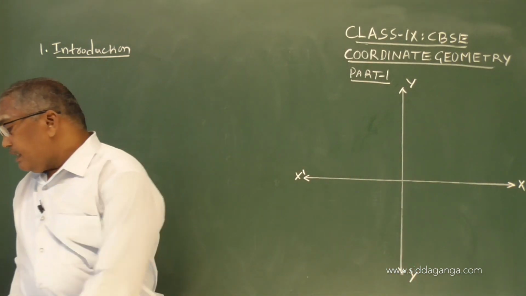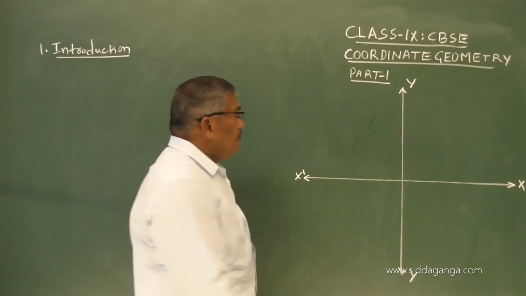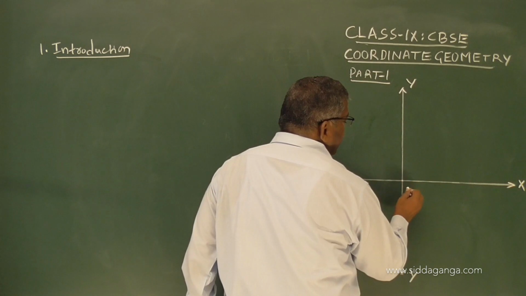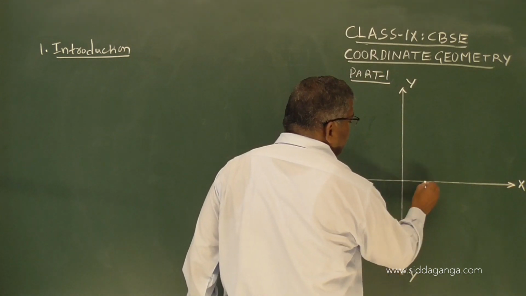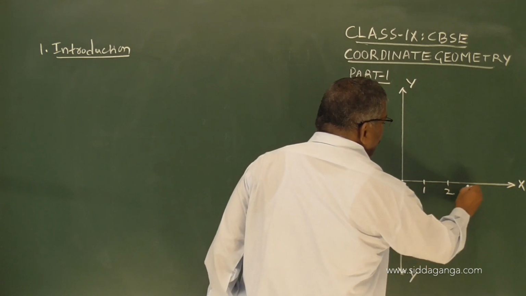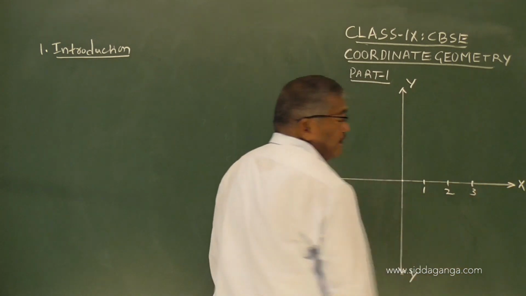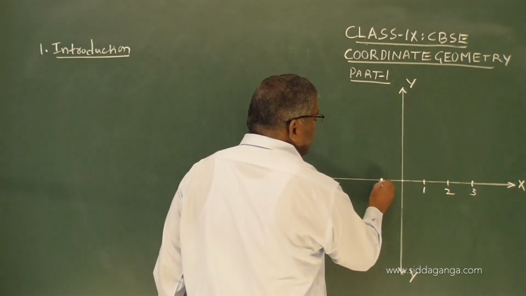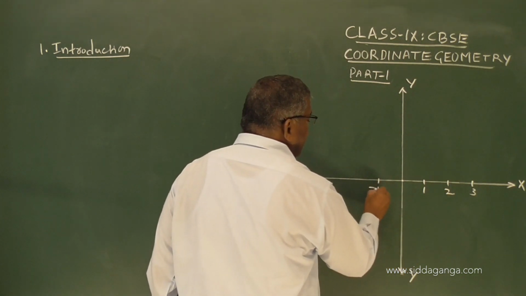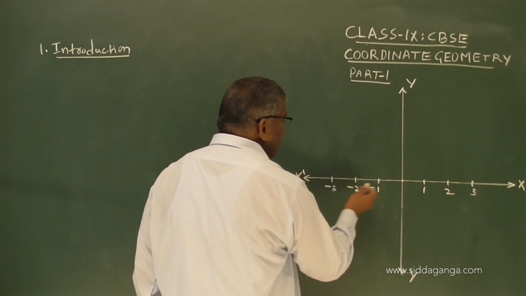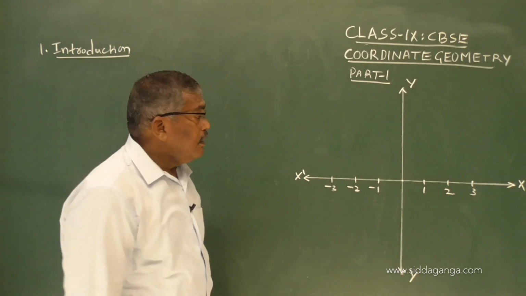These are nothing but number lines, one number line which is horizontal. This is obviously 0 point, and from here it is 1, here it is 2, here it is 3. So 0 to backward, as in the case of number line, it is -1, -2, -3, and so on.